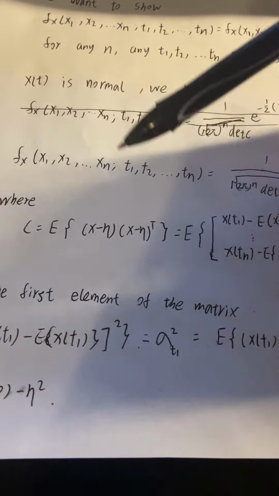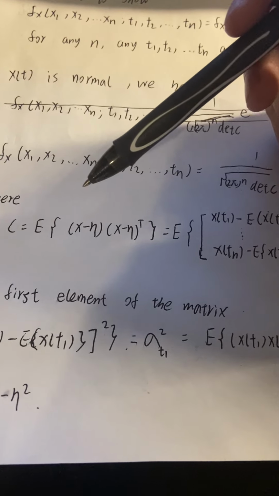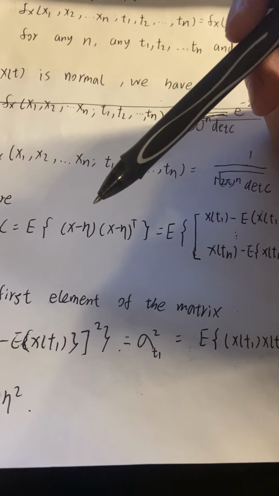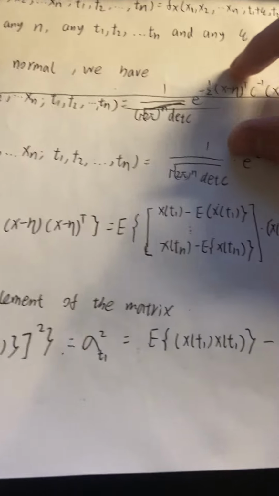And C is the expected value of (x minus eta) times (x minus eta) transpose.